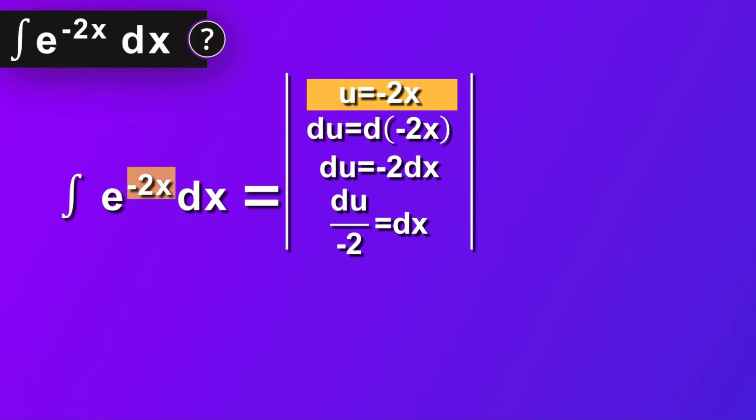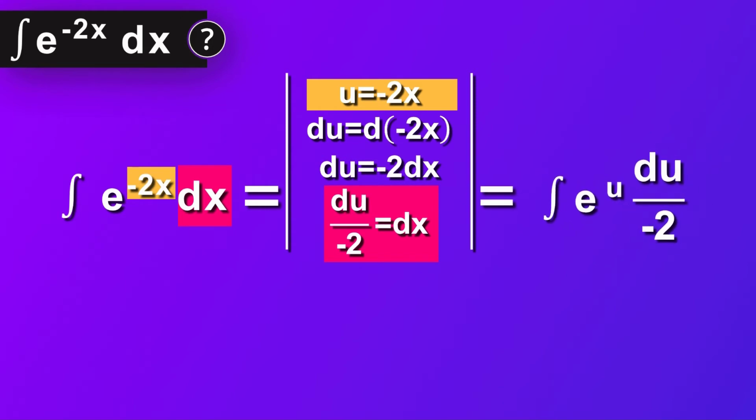We insert u instead of minus 2x in the power, and instead of dx, we now use the expression with our substitute variable u, which is du divided by minus 2. We have now the integral of e raised to u by du divided by minus 2.